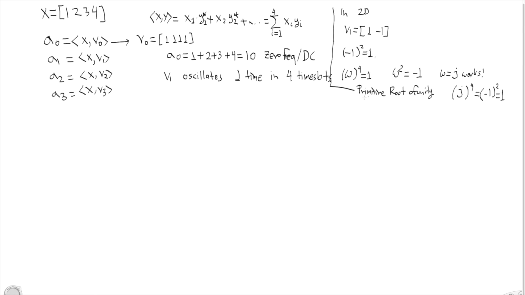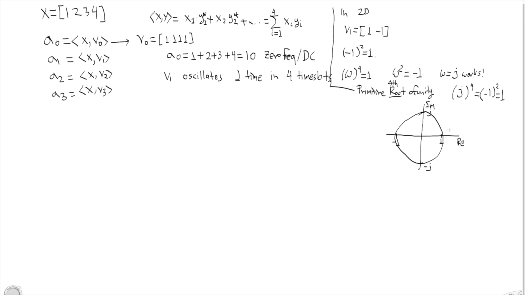So it is indeed the primitive 4th root of unity. So a picture here is very helpful. Now, if this is the complex plane, and this is the real axis, and this is the imaginary axis, this is 1, this is minus 1, this here is j, this here is minus j, and this is the unit circle, poorly drawn, unfortunately.